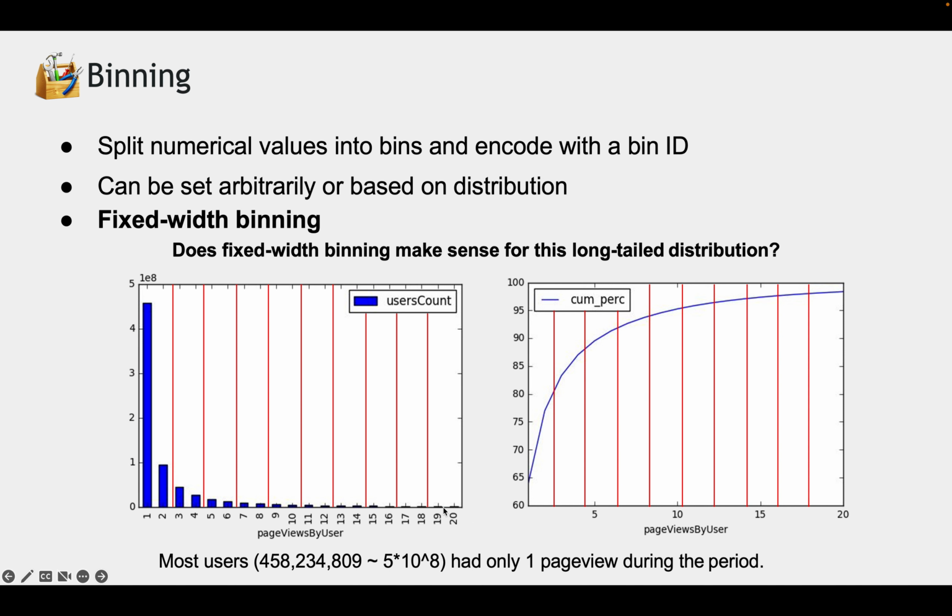Okay, these are the pages, and this is the user count. So 4.5 something users have seen. The second page 1 user has seen. Percentage. Whoa, 65 to 100. Okay, this is a different way to represent the graph. 20 for 100, how? Okay, okay, it is given in percentage. Most users had only one page view during the period. Okay.